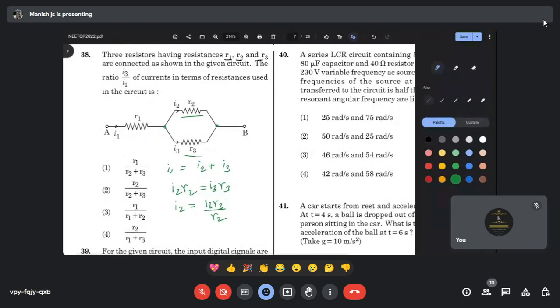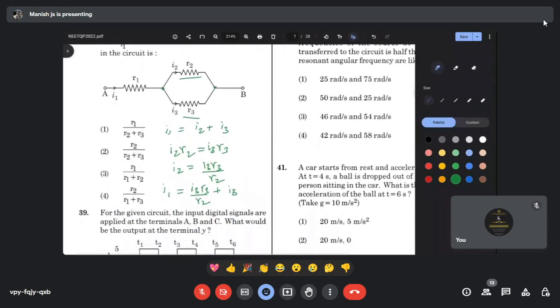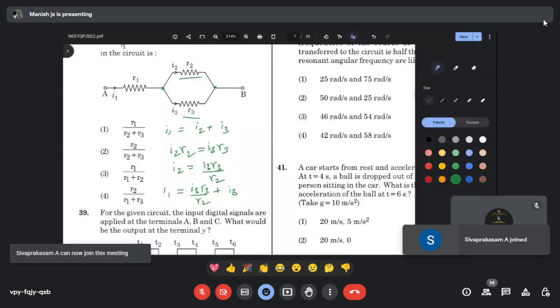Now you go and substitute for I1. So what is I1 now? It is equal to I2, which we got as I3 times R3 by R2, plus I3. Okay? Because we need the I3 and I1 relation. So you can take a common factor out, simplify and find out what is I3 by I1.